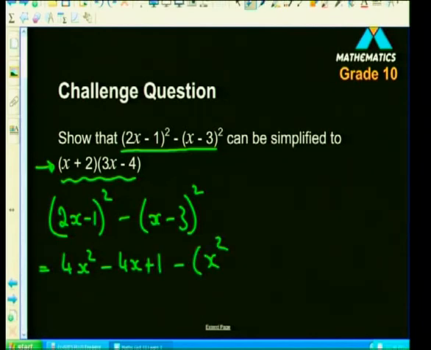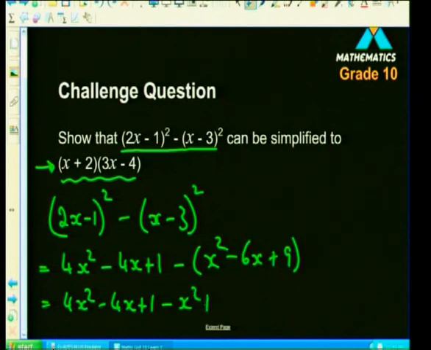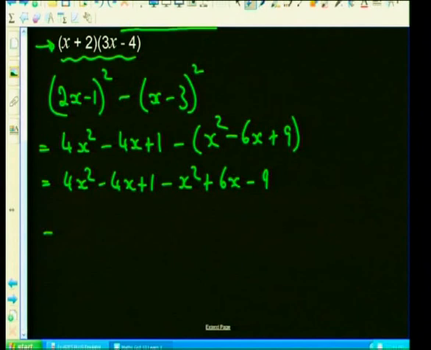First squared, first times second times 2, second squared. Tidying that up, 4x squared minus 4x plus 1 minus x squared plus 6x minus 9. Gathering like terms, 3x squared plus 2x minus 8.